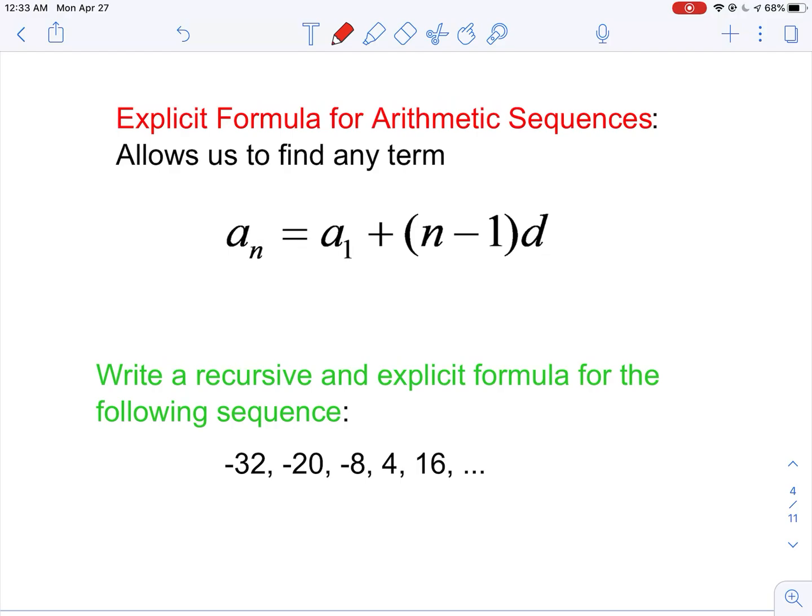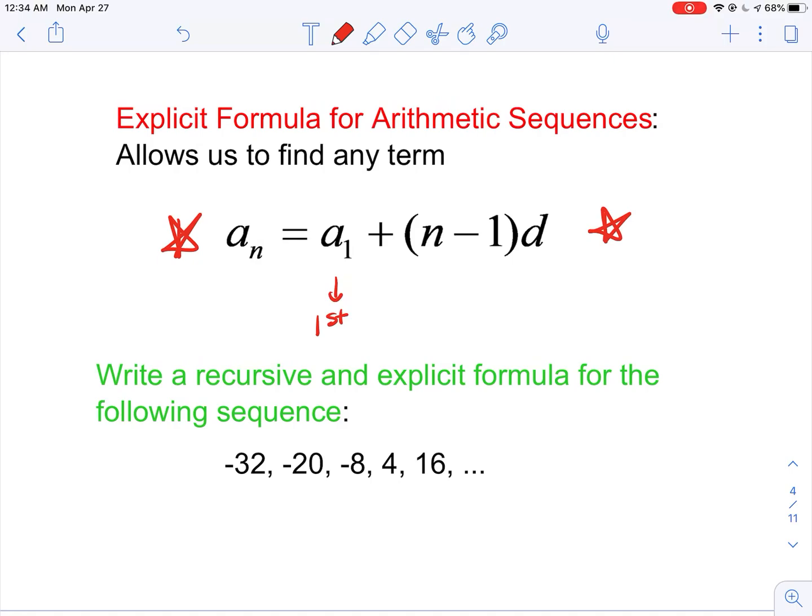So now we need to combine the ideas of what we learned last time with what we learned this time. So there is a formula for arithmetic sequences. This one right here is the formula you can use to find any term in an arithmetic sequence. Okay, so an is any term.